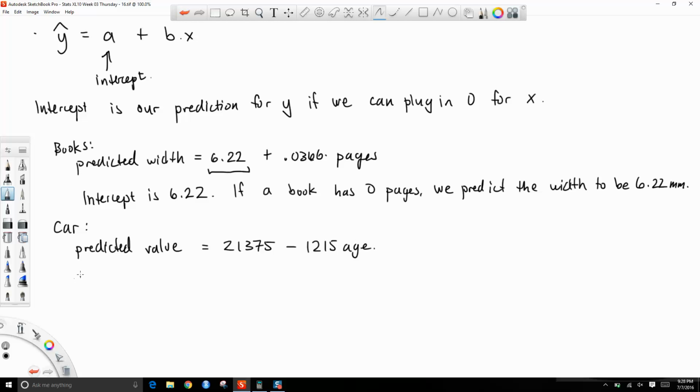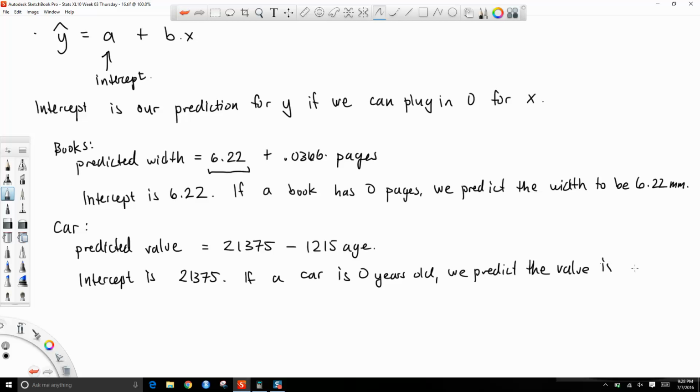So the intercept here is 21375, so this says if a car is 0 years old, we predict the value is 21375.